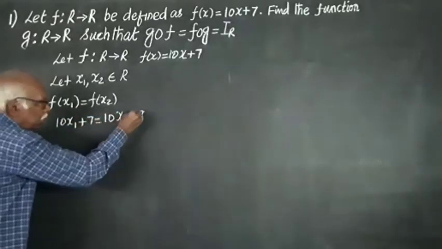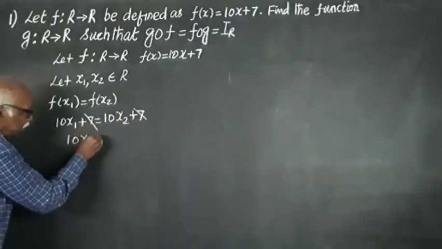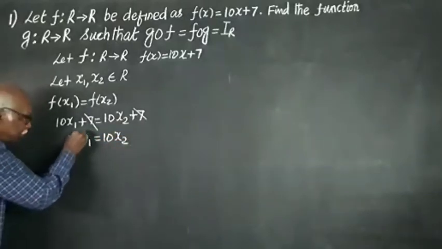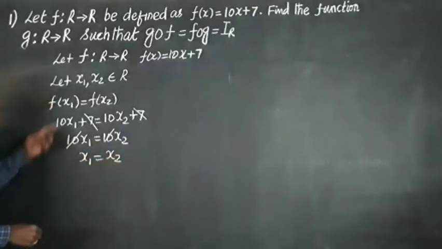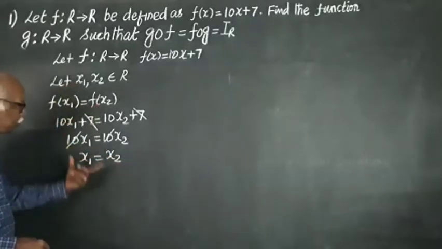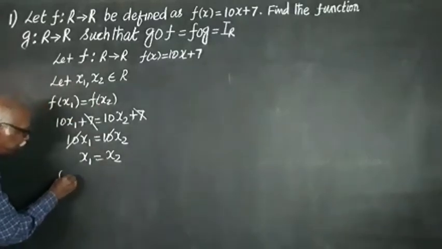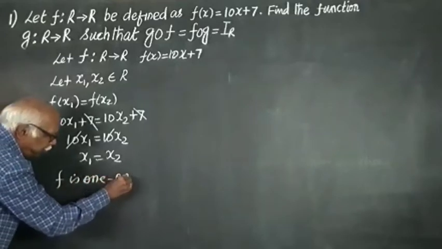We can cancel 7 on both sides. Therefore, 10x1 = 10x2. We can cancel 10 also. Therefore, x1 = x2. So f(x1) = f(x2) implies x1 = x2. Therefore, f is a one-one function.